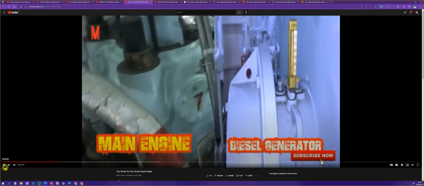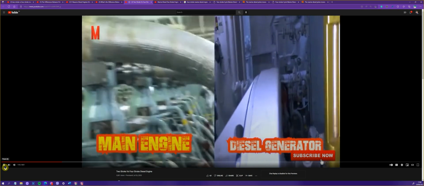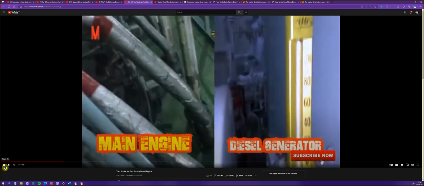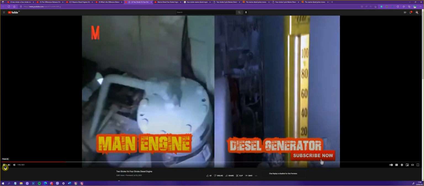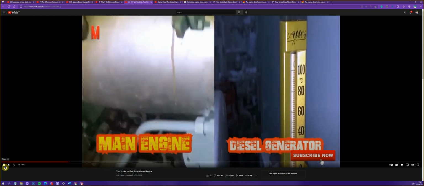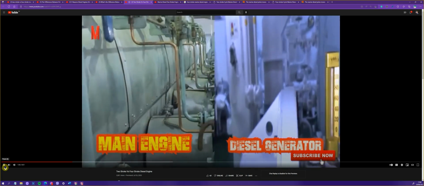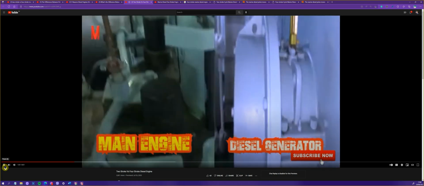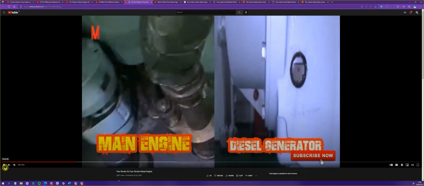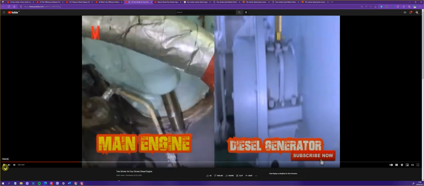Tapos nakakouple siya doon sa alternator. This alternator, if coupled with the diesel generator, it cuts the magnetic flux, then it produces the electromotive force or voltage, kaya nagkakaroon siya ng kuryente.